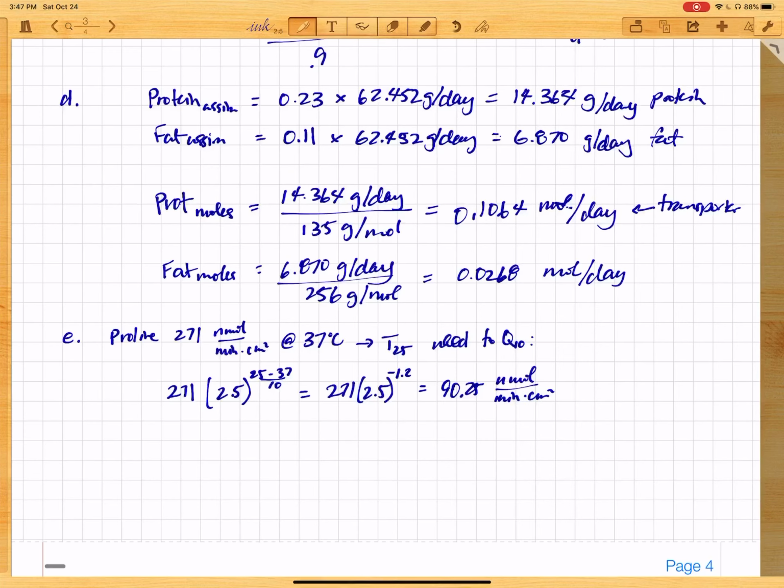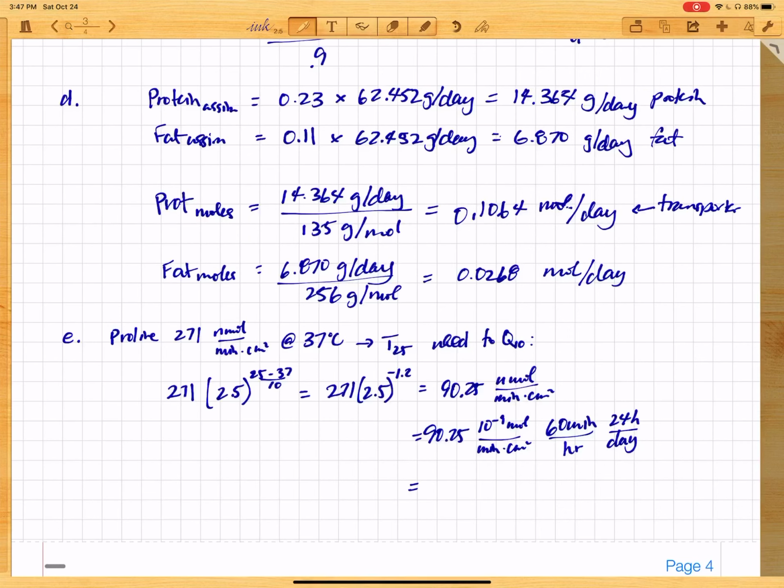Then we have to convert units. So this is going to be 90.25, and nanomoles is 10 to the minus 9 moles. And we're working in per day, so we need to convert per minute to per day. So there's 60 minutes in an hour, and there's 24 hours per day.